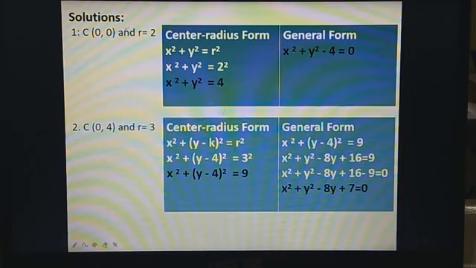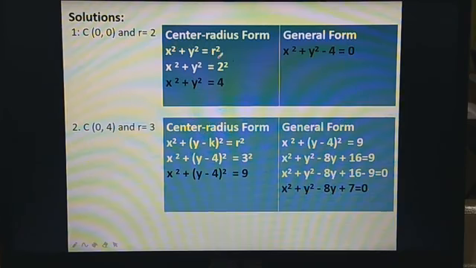And then, since the value of k is also 0, it will be followed by y squared only because we don't have a value or positive value for h and k.